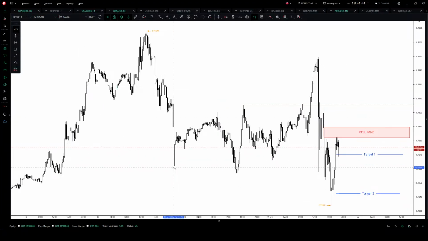See, on a higher time frame also, we are at a downtrend in the market.